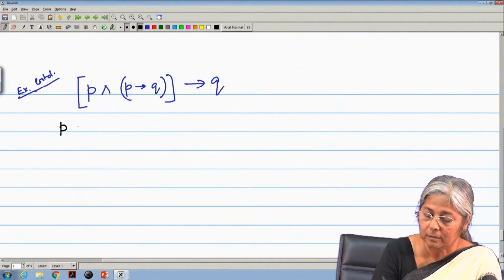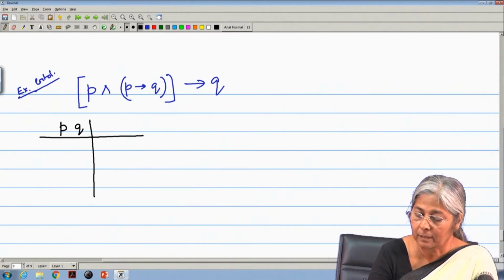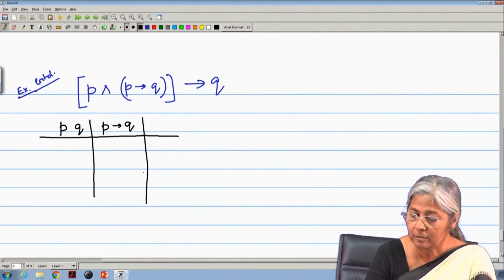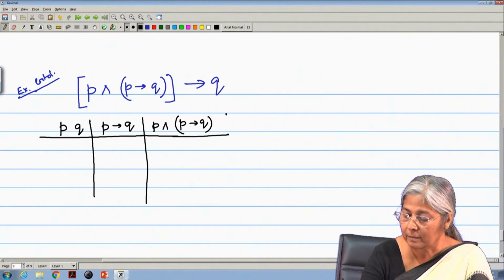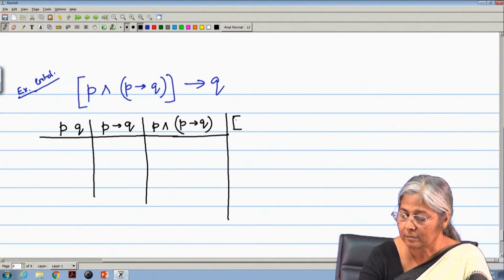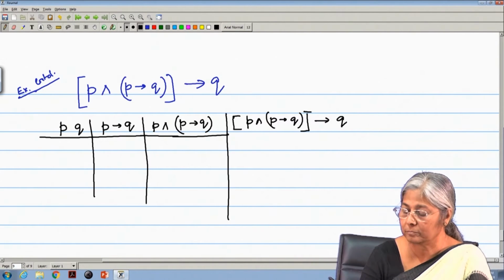Here there are only two primitive statements, so we give p, q, and we require p implies q, then p conjunction p implies q, then p conjunction p implies q implies q.